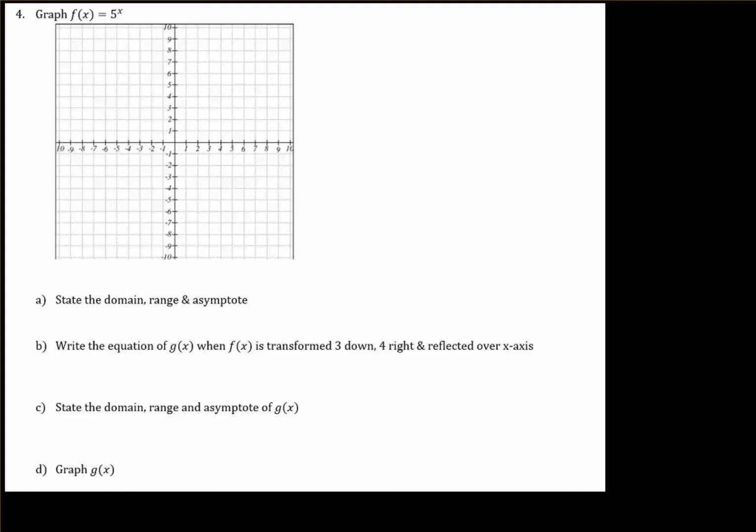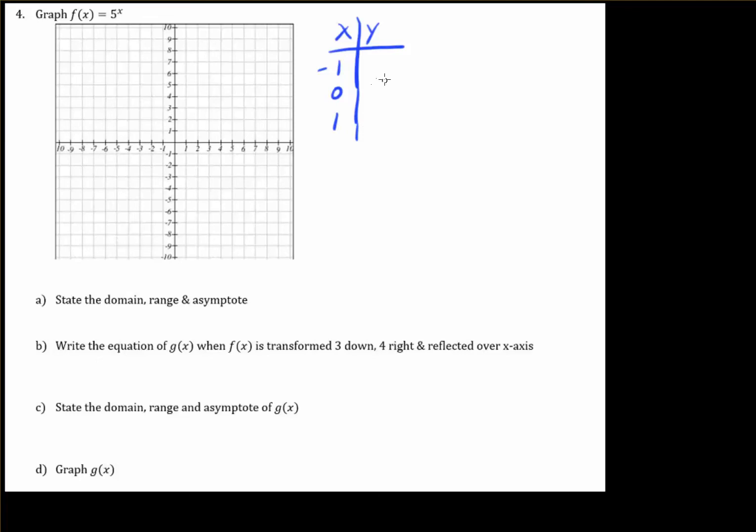Okay, so I'm gonna do number 4 from the study guide for the CA. This one I think is the hardest one of these. First, I'm going to graph f of x equals 5^x. So let's go ahead and make our table, x and y: -1, 0, 1.